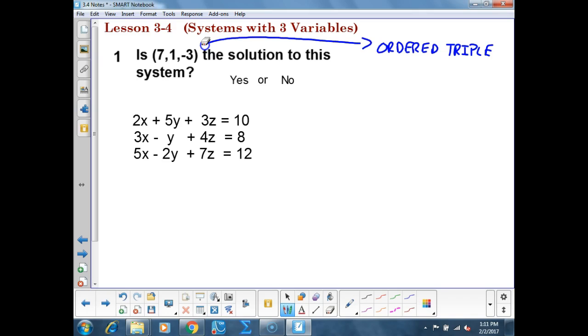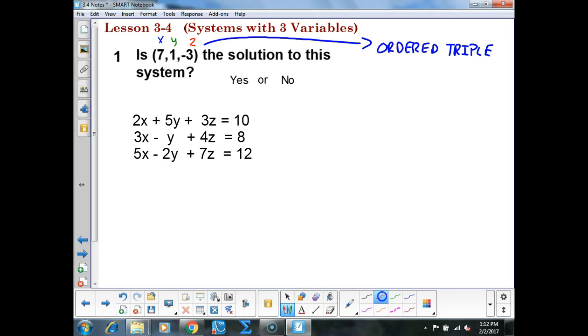An ordered triple has x first, y second, and z third. Or a first, b second, and c third. They're in alphabetical order inside of there, depending upon whatever your variable is.